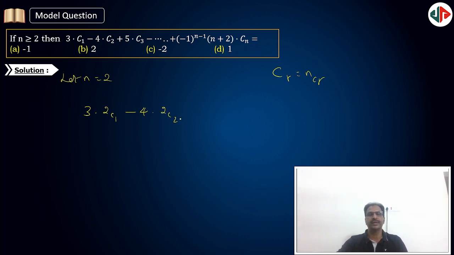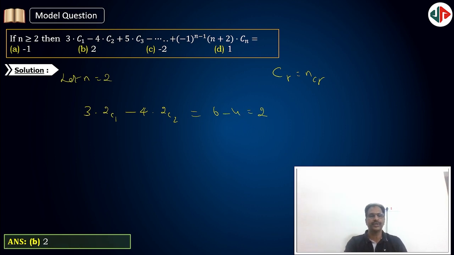Next term will be 5 into 2C3, which has no meaning at all. So the given expression becomes this one, n is equal to 2. Simplify this, 3 into 2, 6. So I got option B as the correct answer. So you can take any value of n greater than or equal to 2, the final answer will be same.